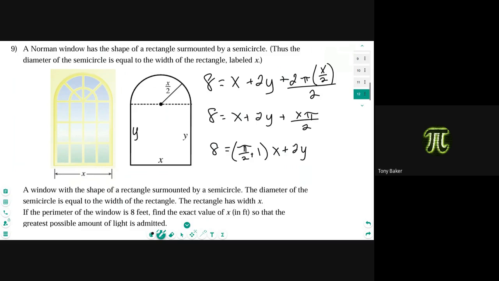Why? Because for adding it'll to get the perimeter of the semicircle, the dotted line wouldn't be included in it. Correct. So it would just be 2y plus x pi over 2.